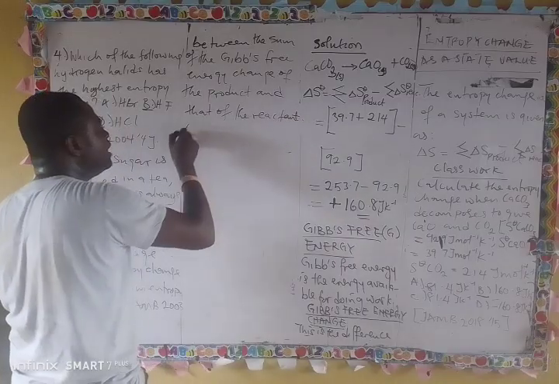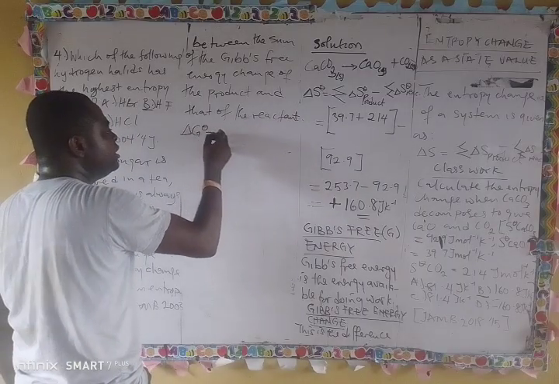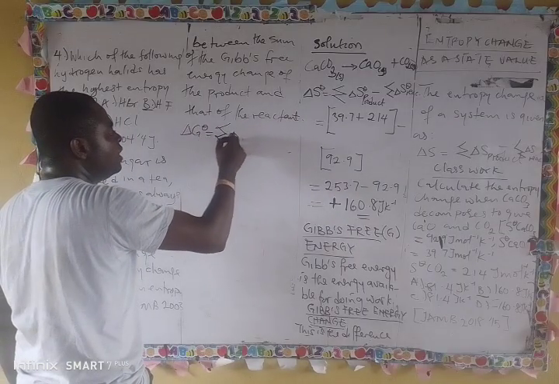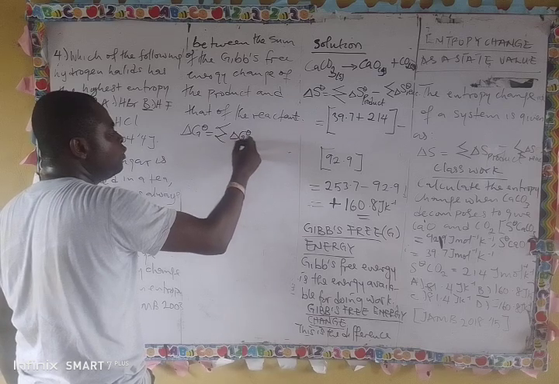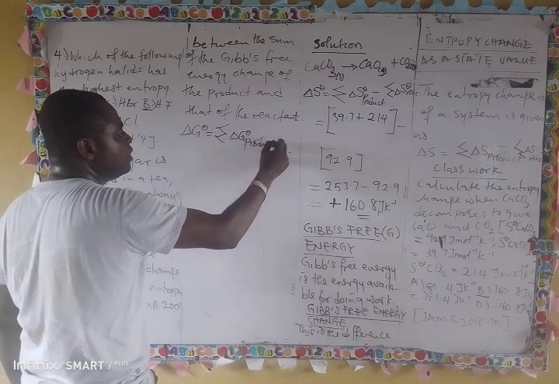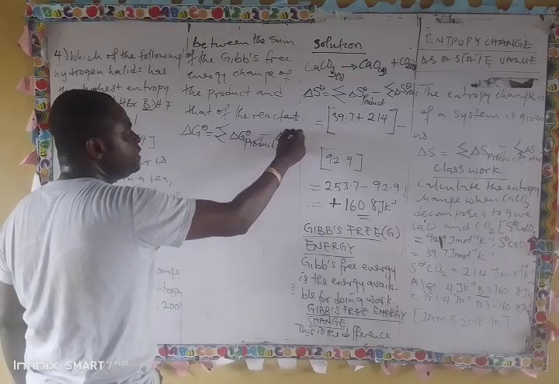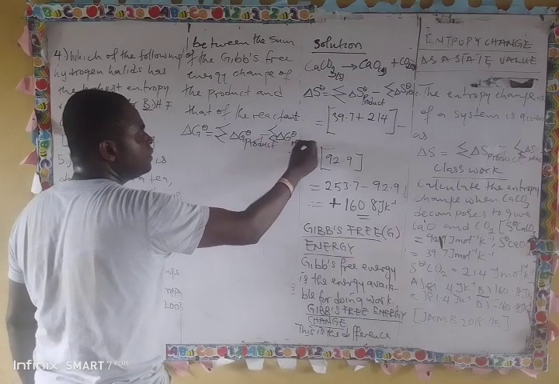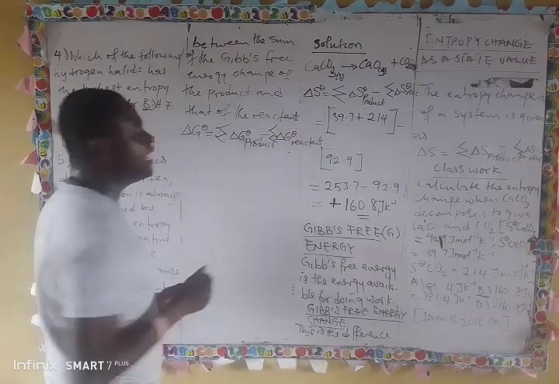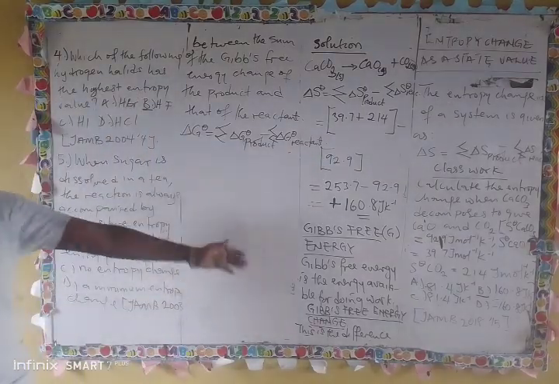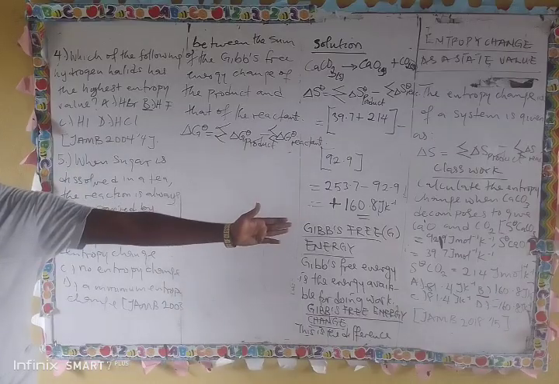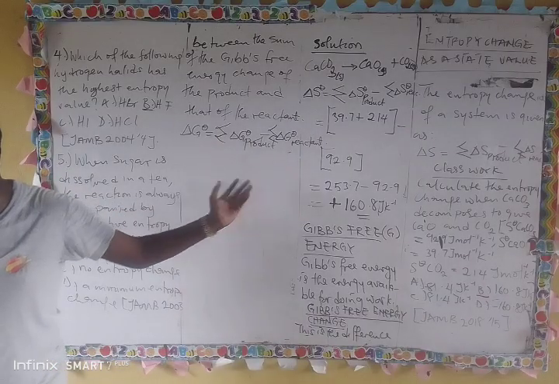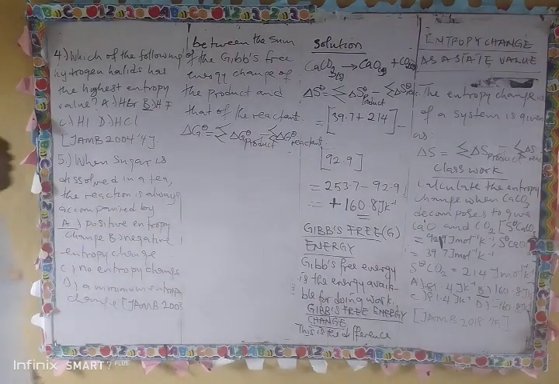So we can say delta G theta is equal to the sum of the free energy of product minus delta G theta of reactant. So there are three places. They can also still give you free energy for an equation. You know what to do when you have this. Abi? So that is it.